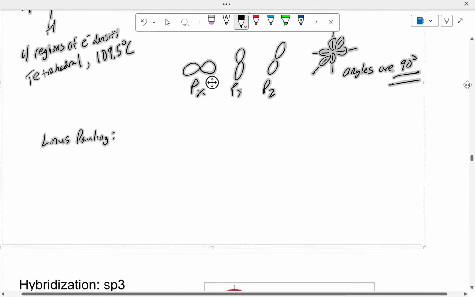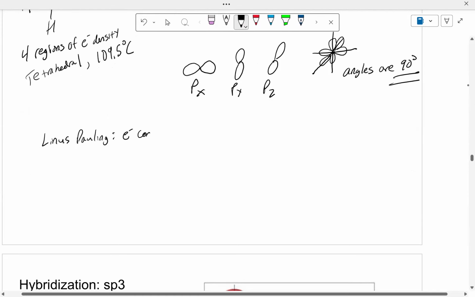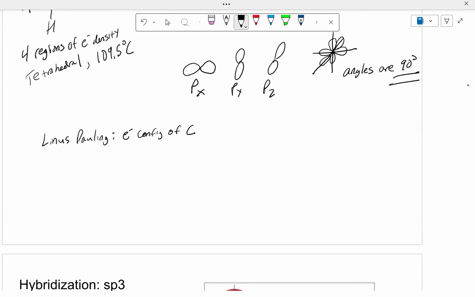So a scientist named Linus Pauling came up with an alternative to this. He basically said the electron configuration of carbon in a molecule doesn't have to be the same as a free carbon atom.